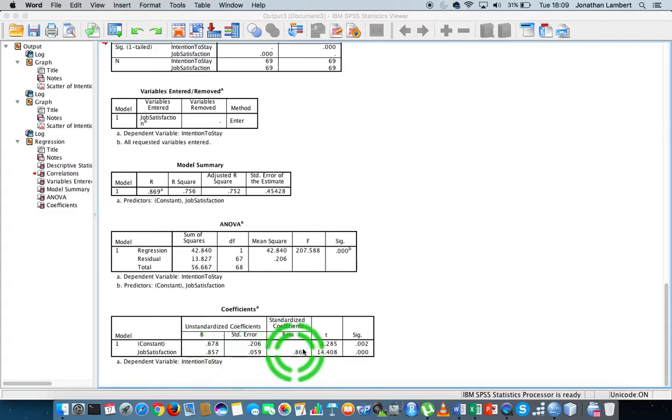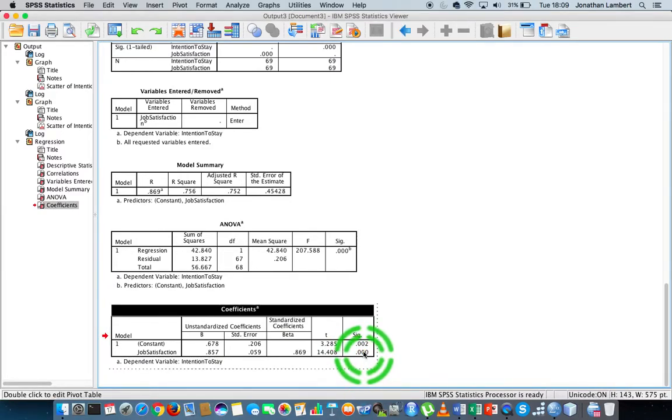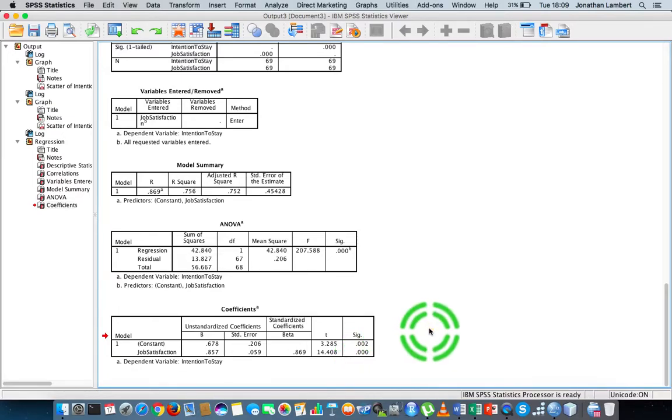And what we do is we go to the significance associated with the coefficient. In this case, in relation to job satisfaction, 0.857. Its significance is 0.000. Actually, it's probably quite small. Let me hover over that there. It's 3.3393 by 10 to the minus 22. So it's effectively 0. It's tiny.